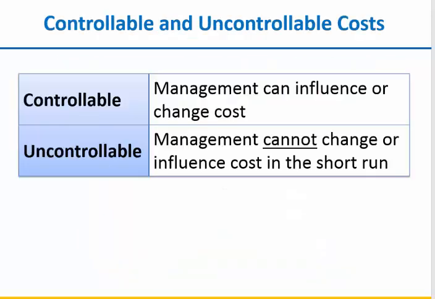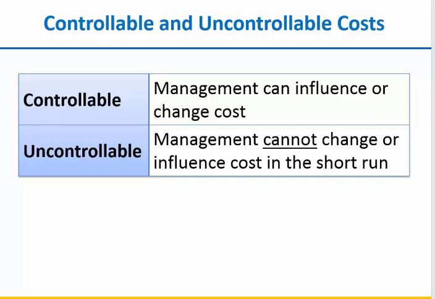The first classification is we can always classify the cost into two categories. One is a controllable cost category. The second one is an uncontrollable cost category. In the controllable cost category, basically the management can influence or change the cost.